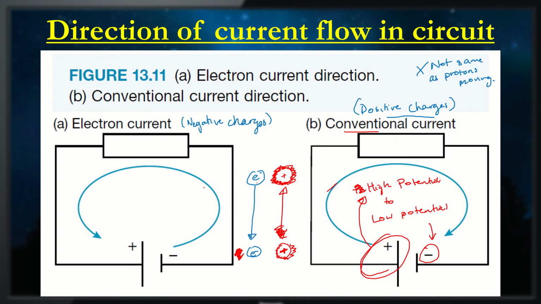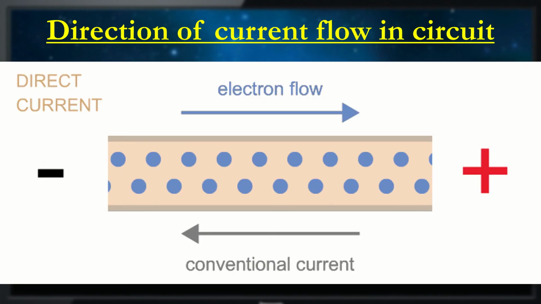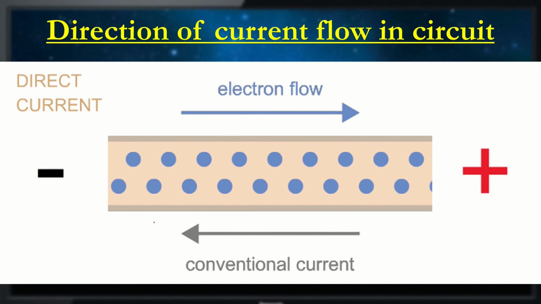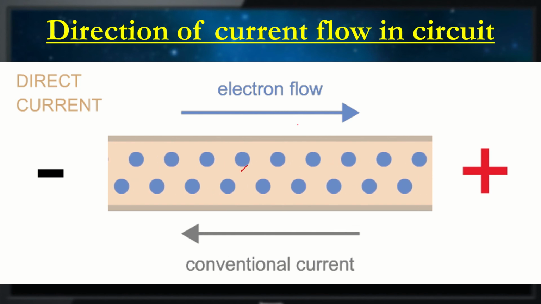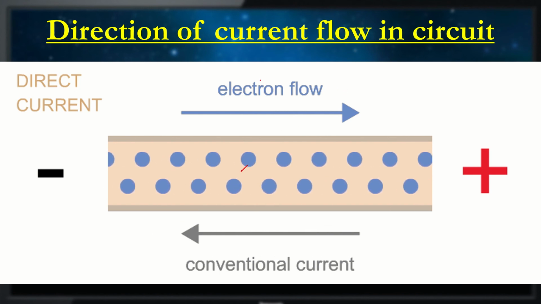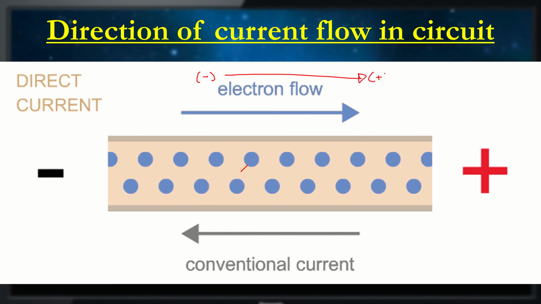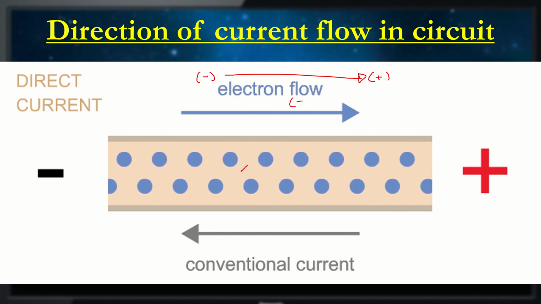Another thing you should keep in mind when we talk about electric currents, when we draw diagrams for batteries, the long end, this end here, is always the positive. The shorter end always represents the negative side. If we want to demonstrate the flow of electricity, the electrons are always going to go from the negative terminal to the positive terminal, which makes sense because electrons are negatively charged.